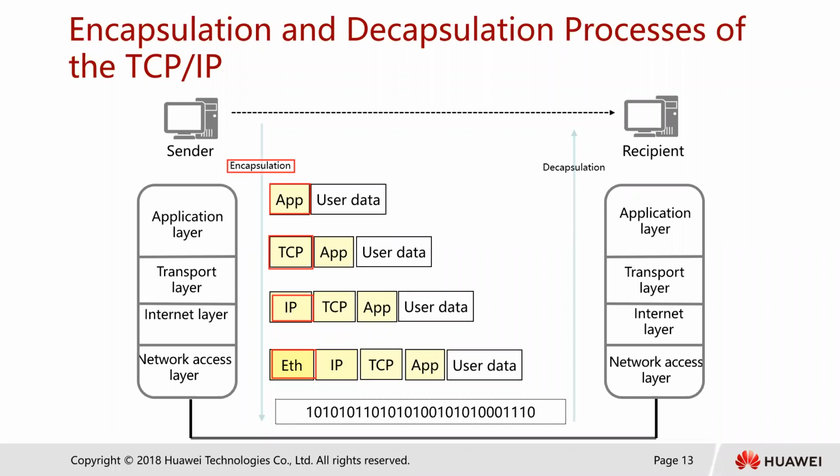All right. So like we had said here, after now, our data is being sent. Now, how is it going to be decapsulated all the way up to when it reaches the intended recipient?